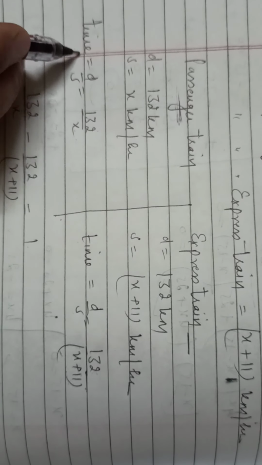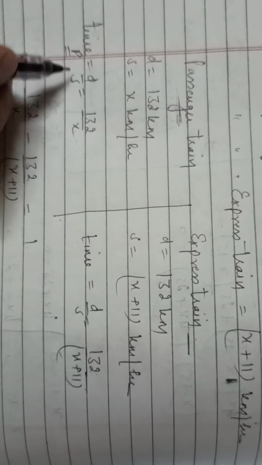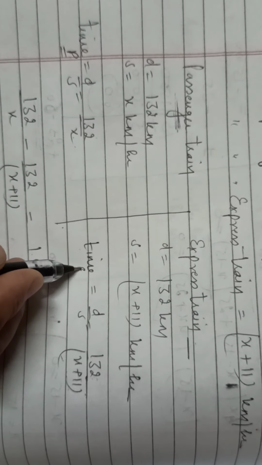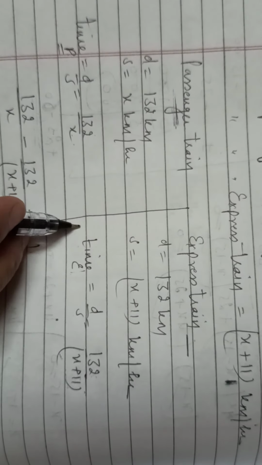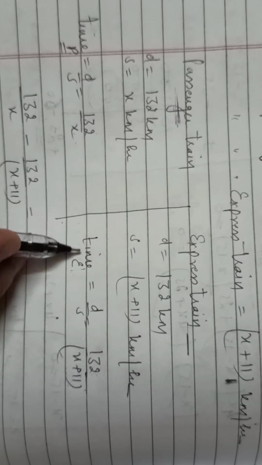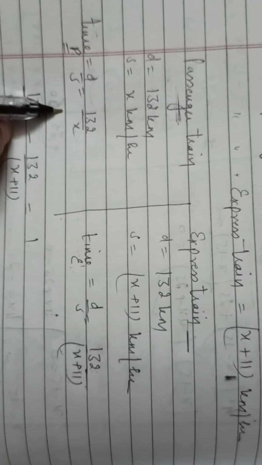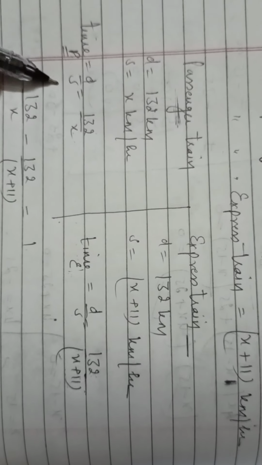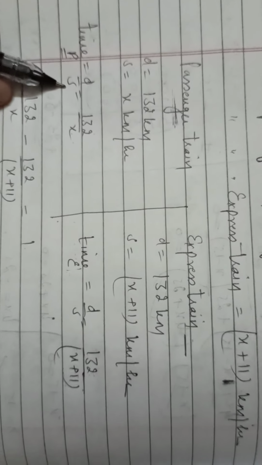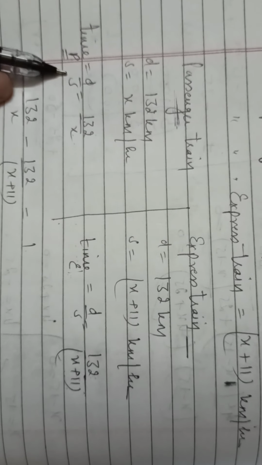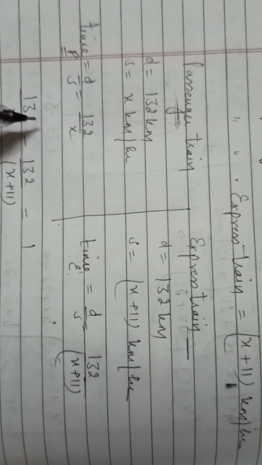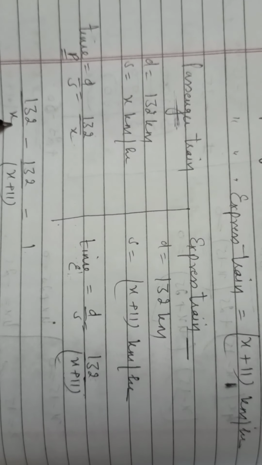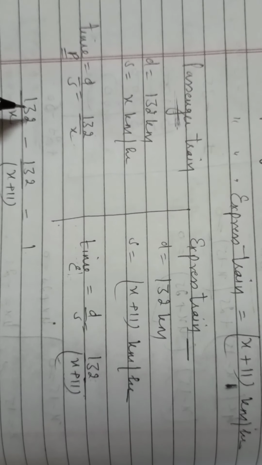Now this is the time taken by the passenger train and this is the time taken by the express train. Which time is more? Passenger train time is more, because the speed of the passenger train is less, right? So 132 upon x you will write first because it is more.